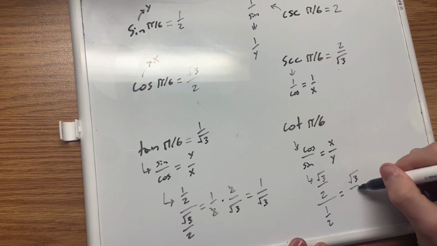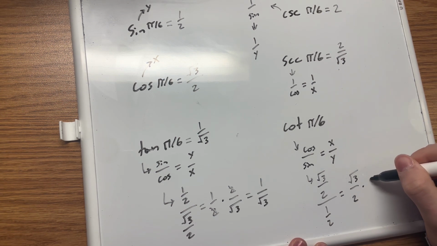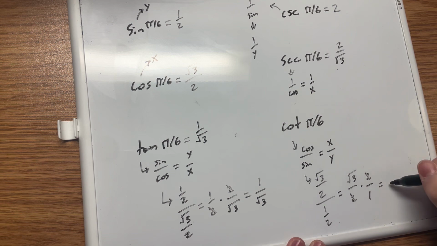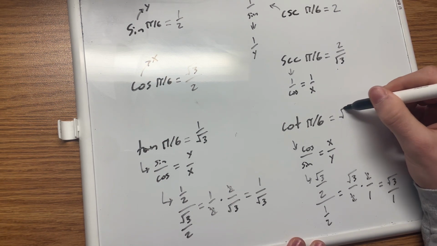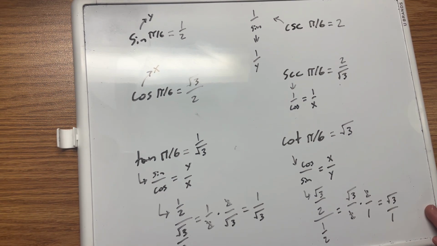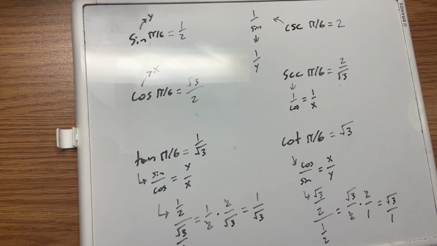So you have √3/2 times 2 over 1, and our 2's are going to cancel, and that leaves us with √3/1, or just √3.